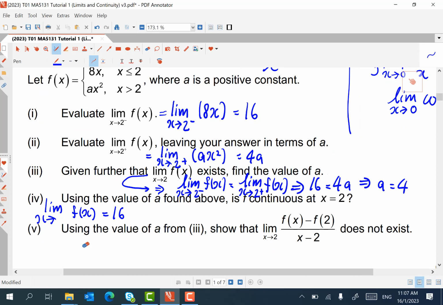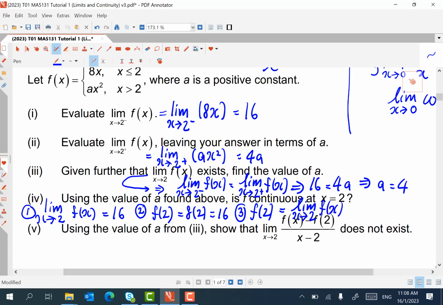Okay, let me redo. You know this result 1, the limit is 16. And then f(2) is 8 times 2, which is 16. So number 3, f(2) is equal to the limiting value of f(x) as x goes to 2.